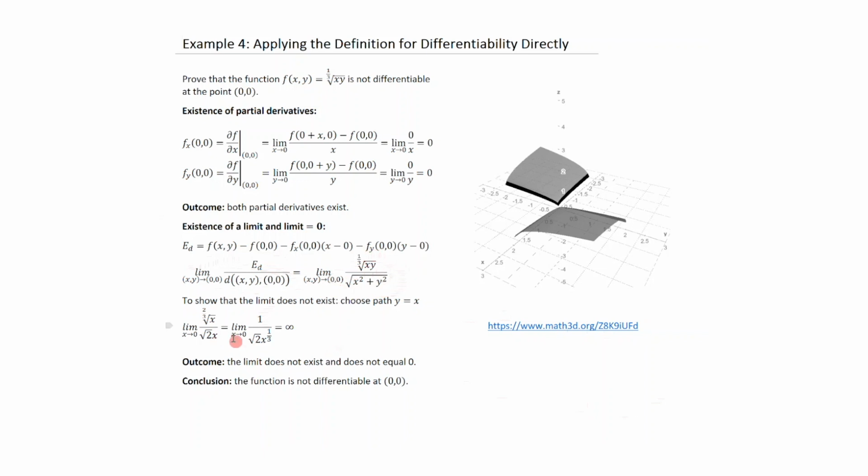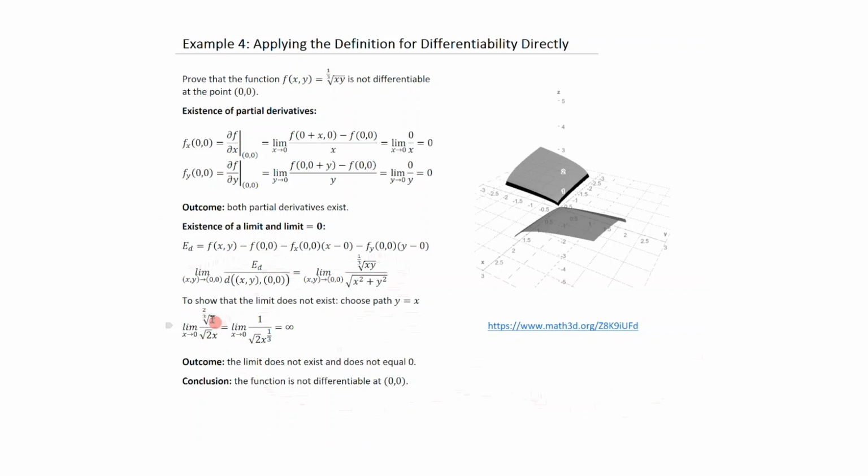So we have to make an assumption now as to whether or not we think the limit exists. We're going to assume it doesn't exist. If it works out, great. If not, then we have to think whether or not it does exist. All right, so we look at this one and maybe we can choose y equals x. Let's see what happens. If we choose y equals x, then we make the substitution.